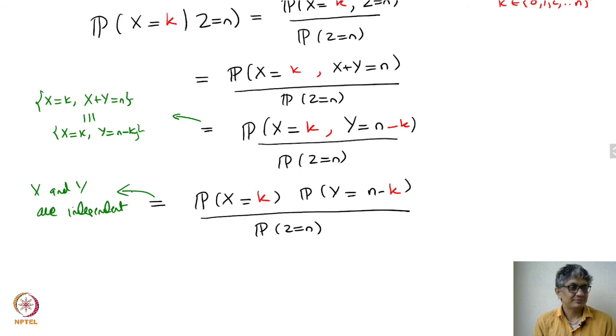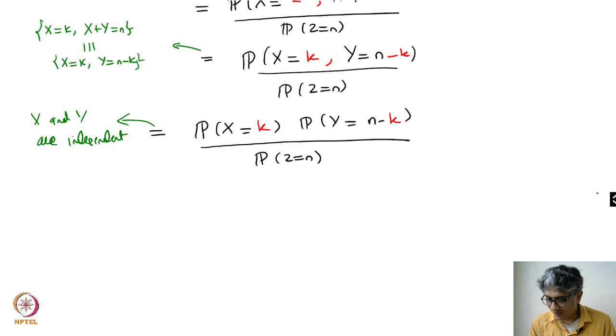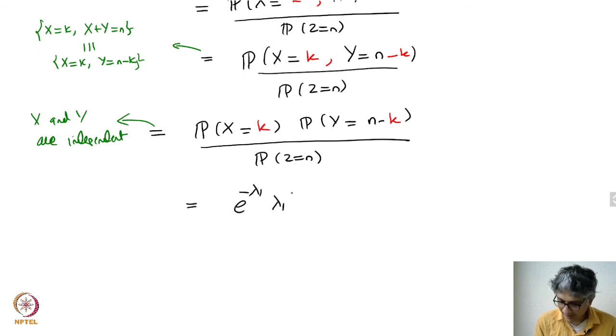Very nice. So once I have these two facts, I know the answers now. This is going to be equal to e to the minus lambda 1, lambda 1 to the power k, the whole thing divided by k factorial, that's at the top.